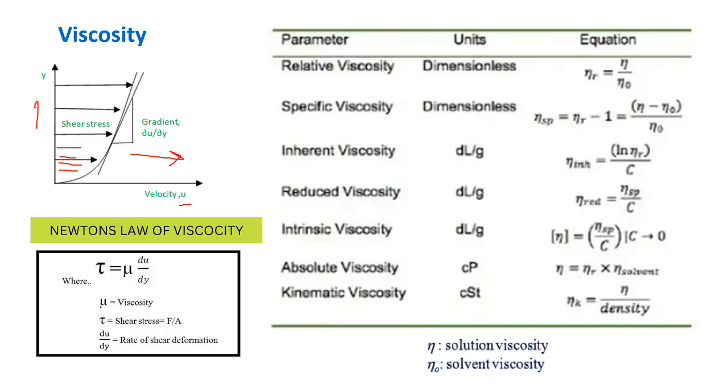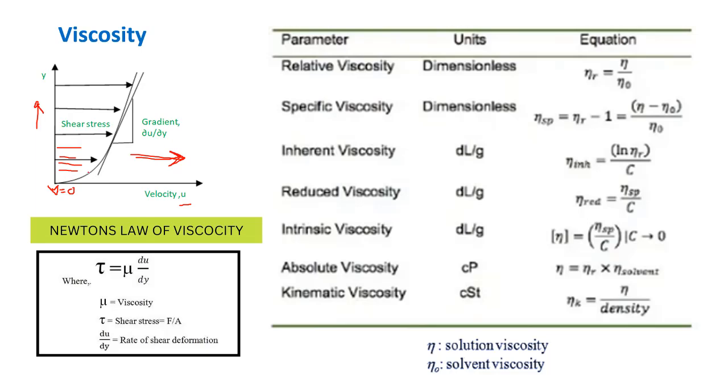Here the velocity will be zero, because suppose the liquid is at rest here and slowly it is moving. The layer attached to the surface will be stationary, it won't move, and slowly the velocity will increase.